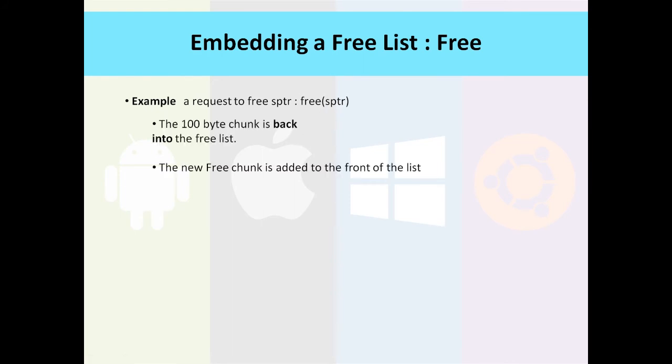Okay, so let's have a little bit of an example. Now here we see that there's a request to free a chunk of memory, and we want to free a 100 byte chunk back into the free list, or move it back into the free list. Now how it works is that this new free chunk is added to the front of the free list.